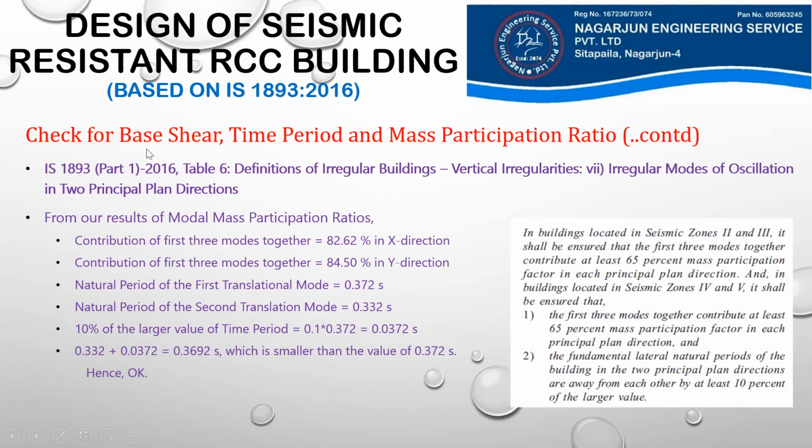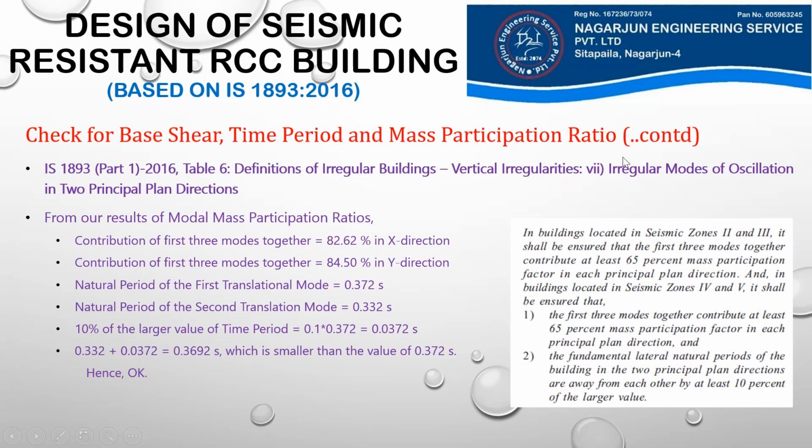So in this check, there is one thing to notice in our code. If you check our IS 1893 Part 1 2016 code, Table 5 lists some conditions of plan irregularities, and Table 6 contains some list of vertical irregularities. In vertical irregularities, in number 7 we have irregular modes of oscillation in two principal plan directions.